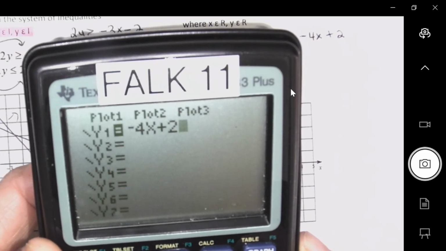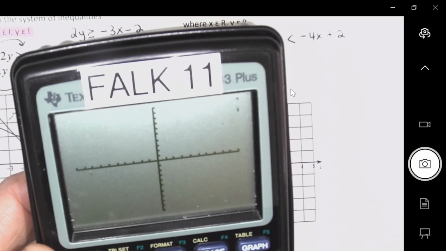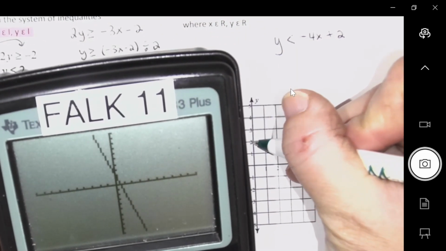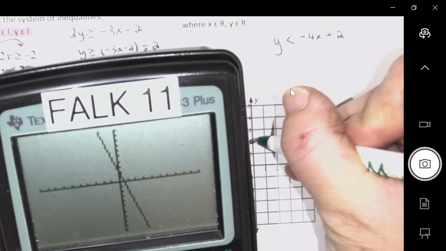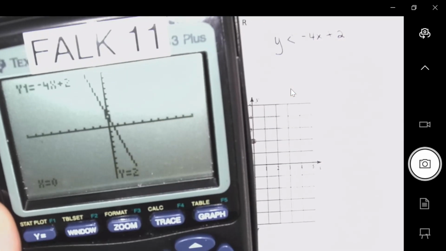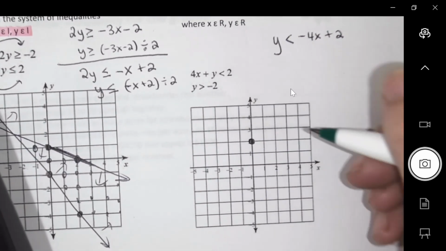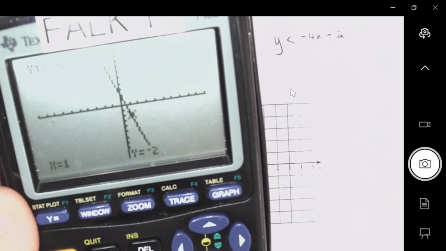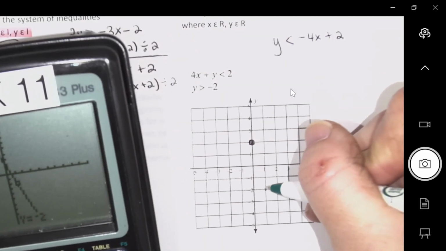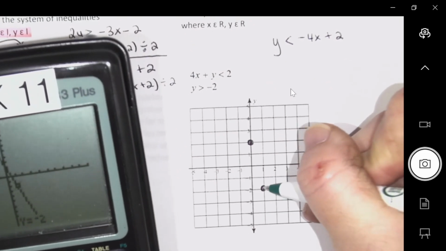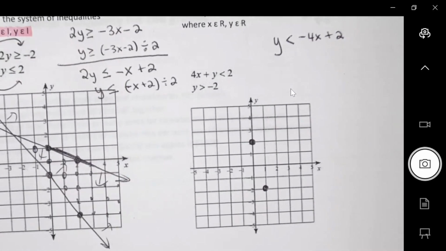I can just type straight into my calculator. So trace gives me a 0, 2, so that's a point. 1 comma negative 2 gives me another point.